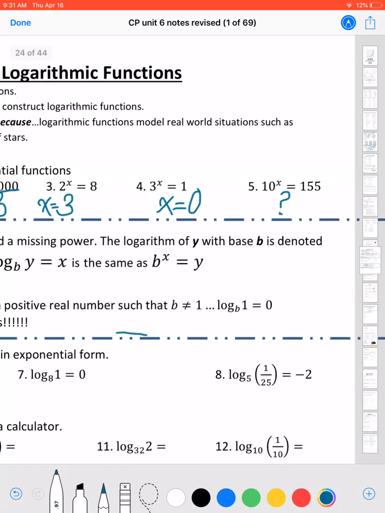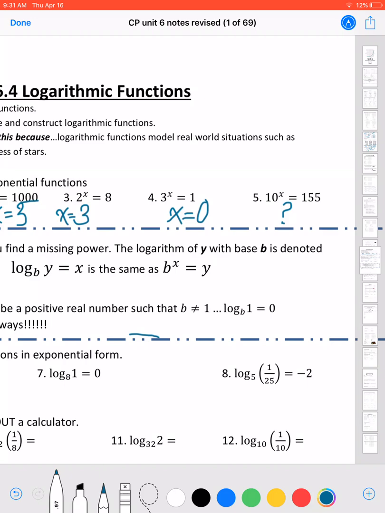Here, this whole situation right here, if I have, say, 2 to the x power is equal to 16. Hopefully you realize x is 4. If I'm writing it with a log, I put the log.